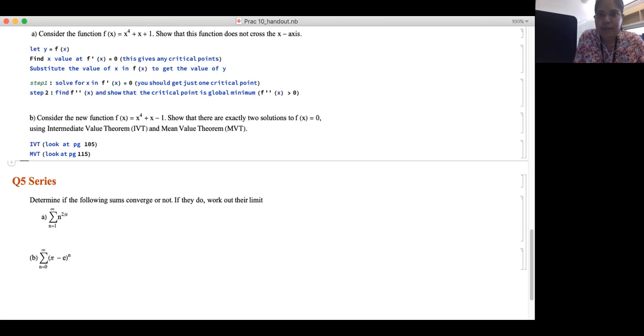We're running out of time. Let me share my laptop screen so that I could explain the intermediate value theorem and mean value theorem.